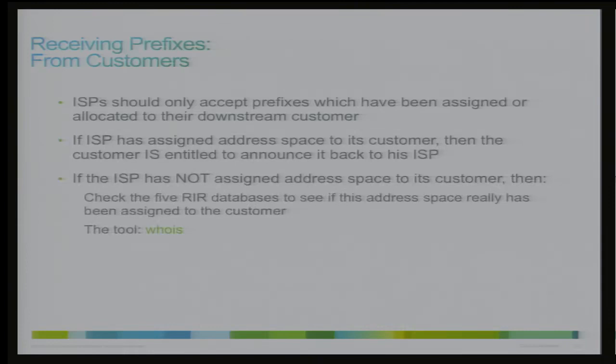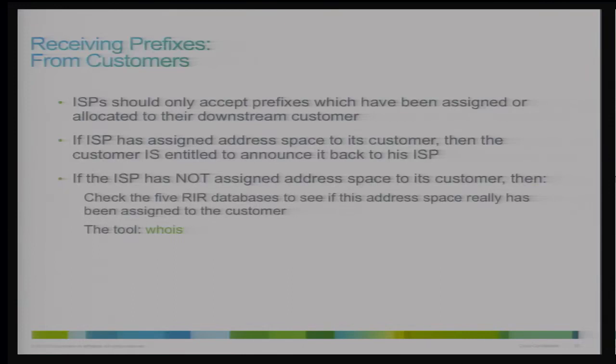If you have not assigned the address space to the customer, and the customer is assigned an address block from a registry, the due diligence work is to check the registry and verify whether that assigned address really belongs to that customer.